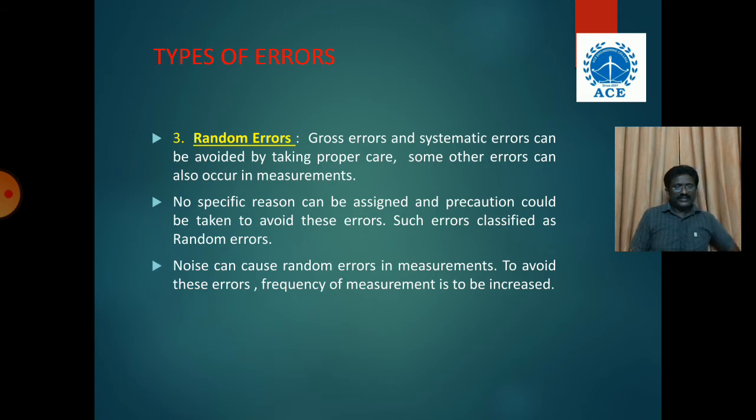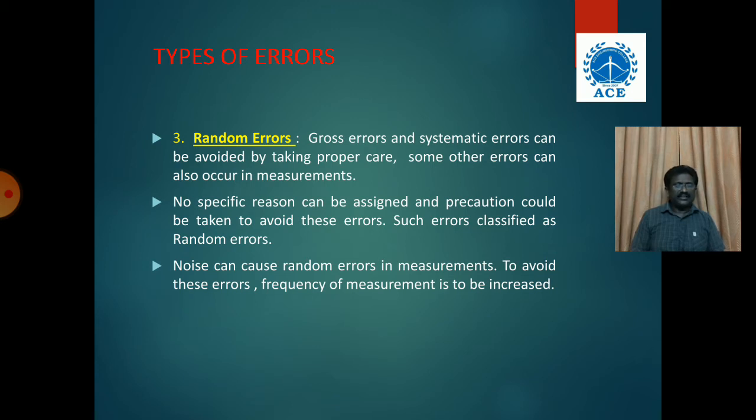No specific reason can be assigned and no precaution could be taken to avoid these errors. Such errors are classified as random errors. Actually, this type of errors can occur due to the reason of noise.